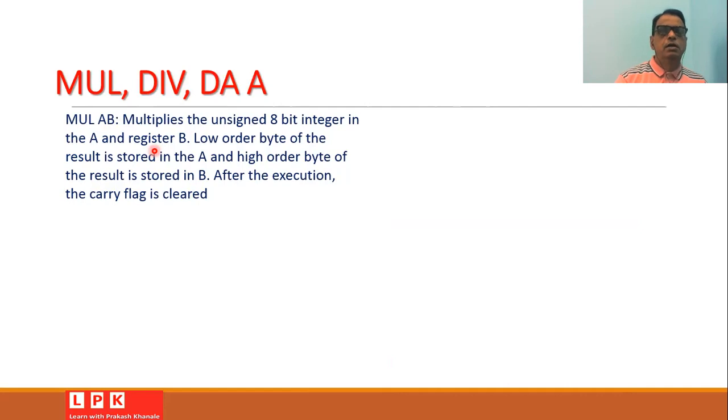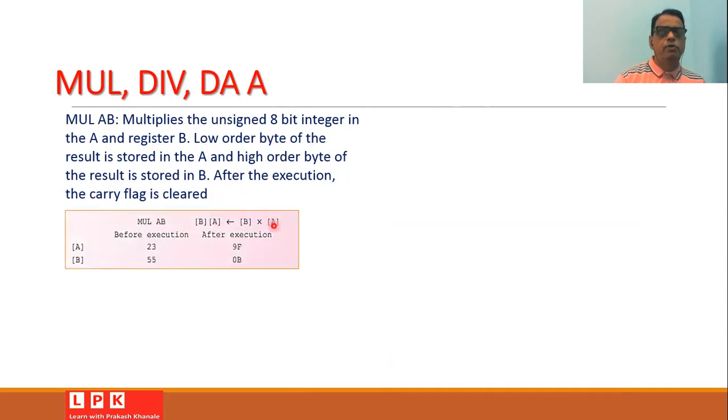Observe that the lower order byte of the result will be stored in A and the higher order byte of the result will be stored in B. After the execution, the carry flag is cleared. Say, for example, if we write MUL AB, if A is 23 and B is 55, then after the execution of this instruction, we will get the result A is equal to 9F and B is equal to 0B.